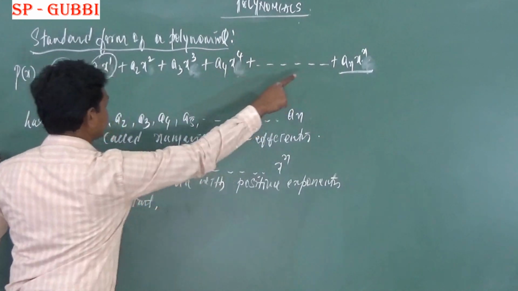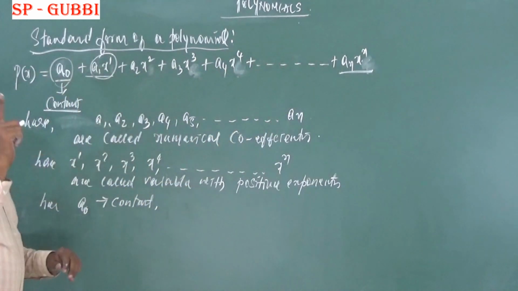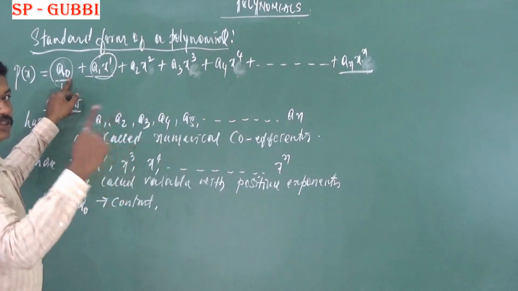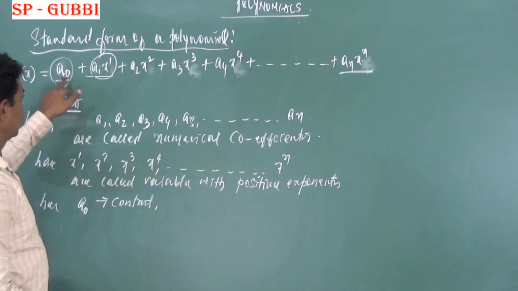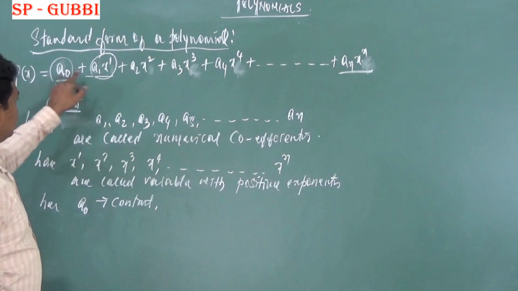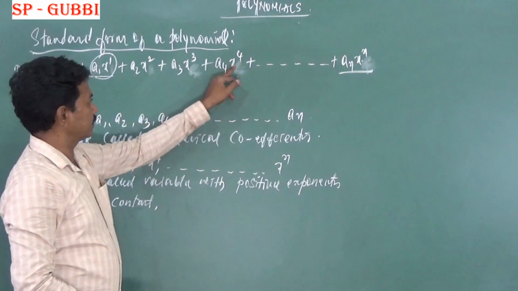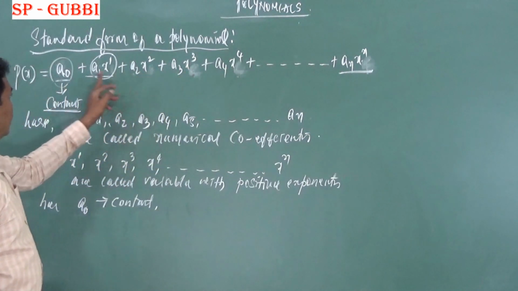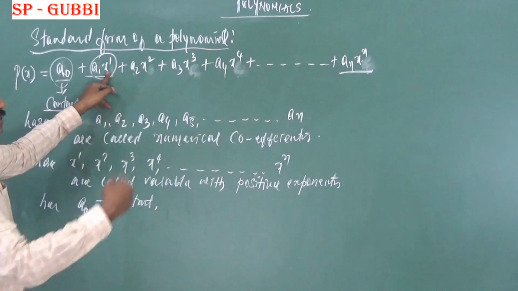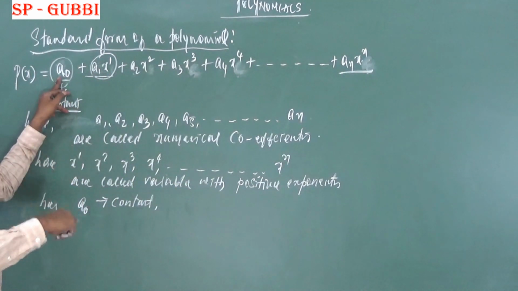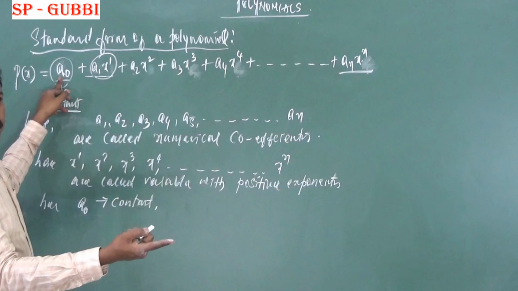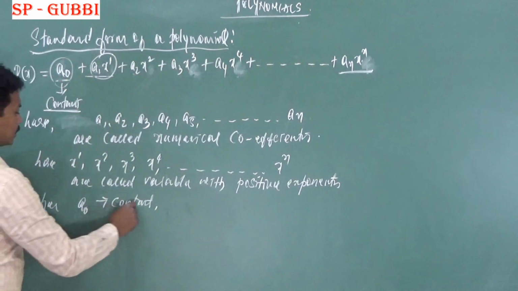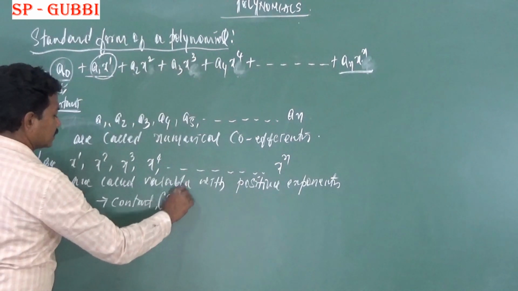These are all constants, but A base 0 is the real constant because this A base 0 is a single number without any variable attached to that. Therefore, it is called a real constant. These are all just constants because they are involved with the variables. A3 is involved with a variable, A2 is involved with some variable, A1 is involved with some variable. Here it is a number, a constant which is without a variable. Therefore, it is the real constant.